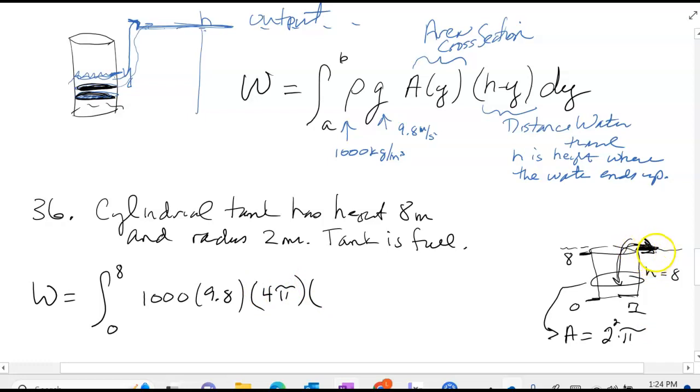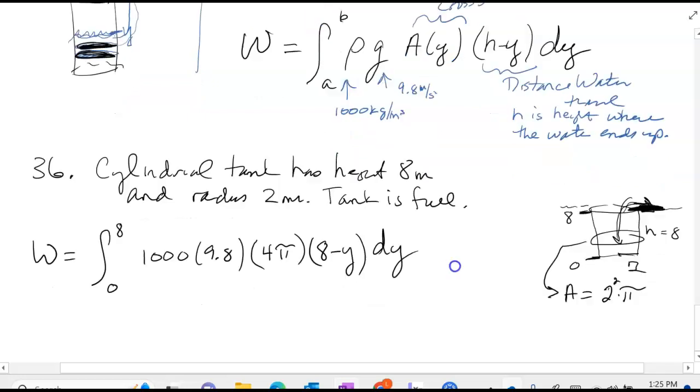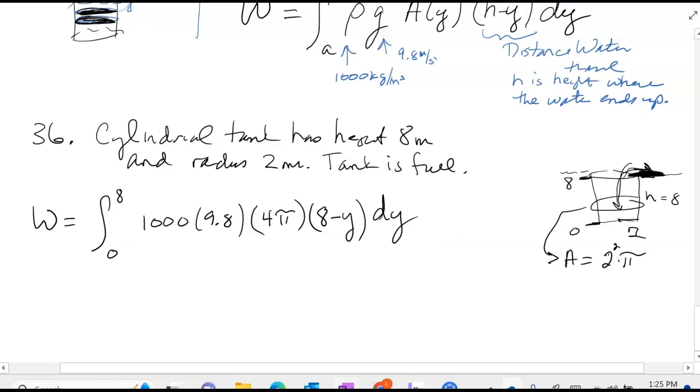And then we need the height, which was 8, minus the variable y, the various y's, because it's going to be different levels for each iteration. dy. That's it. The hardest part is probably remembering the different parts of the formula. On a test, I would likely say, hey, for this problem, rho equals, and use gravity 9.8.